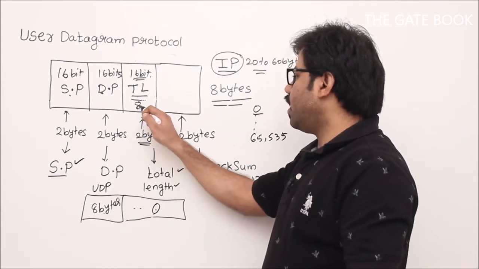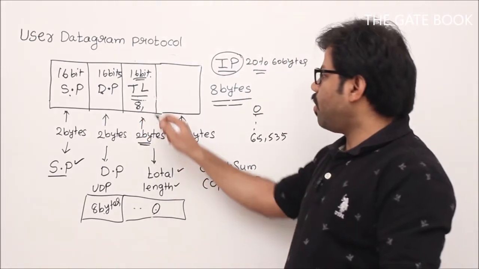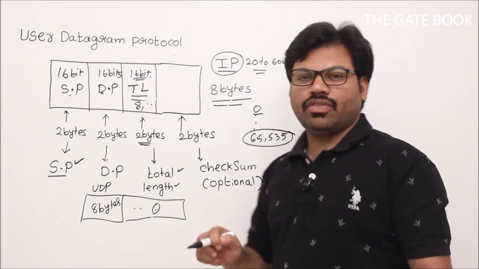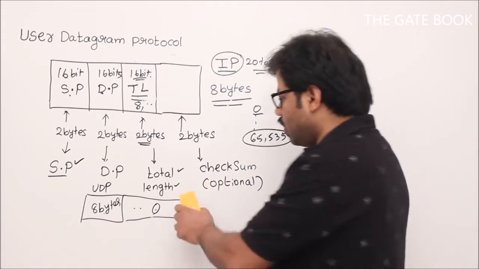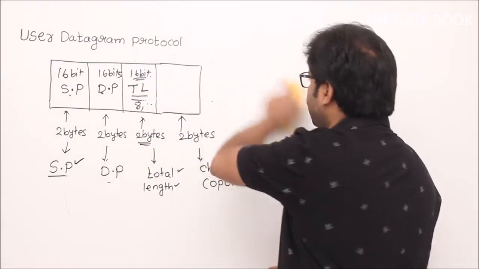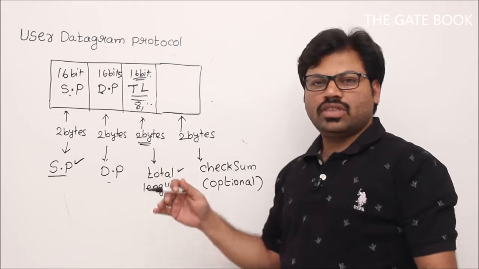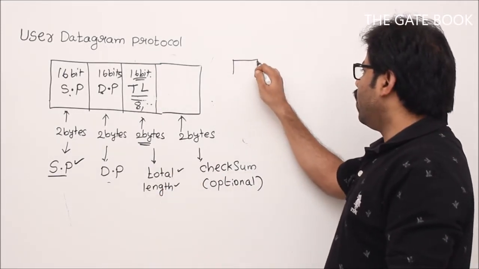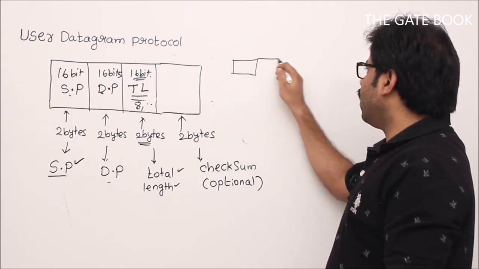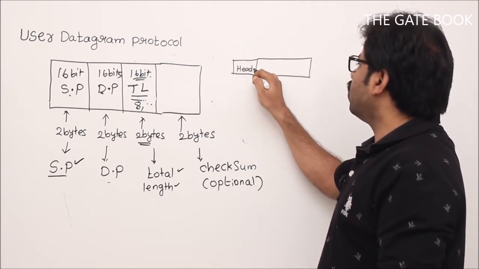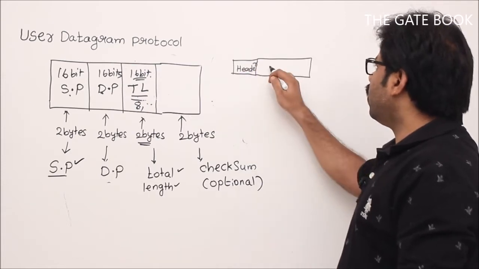That means total length can take a minimum of 8 and a maximum, though it is not actually 65,535. What is the reason? We will see. For that you should understand this small issue. Where are you going to keep this UDP packet? Let's call it a UDP packet from now onwards. Whenever I say UDP packet, that will have the header plus data: this is the UDP header, this is your UDP data.